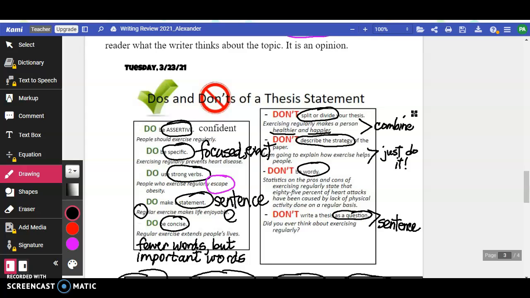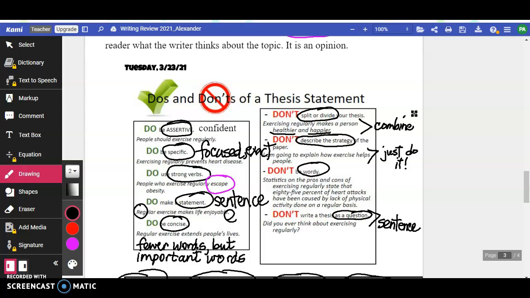This is a strong verb that's very interesting to the reader and makes them want to pay attention to your paper. Little things like word choice really do work to engage your reader and make a difference in how focused they are on grading your paper or listening to your writing.